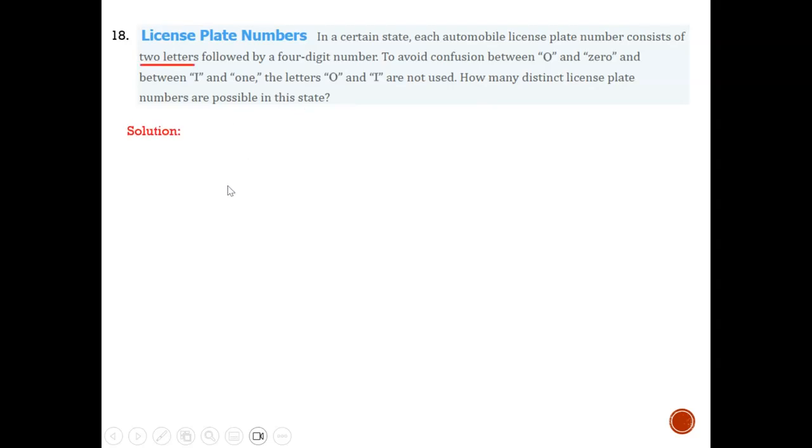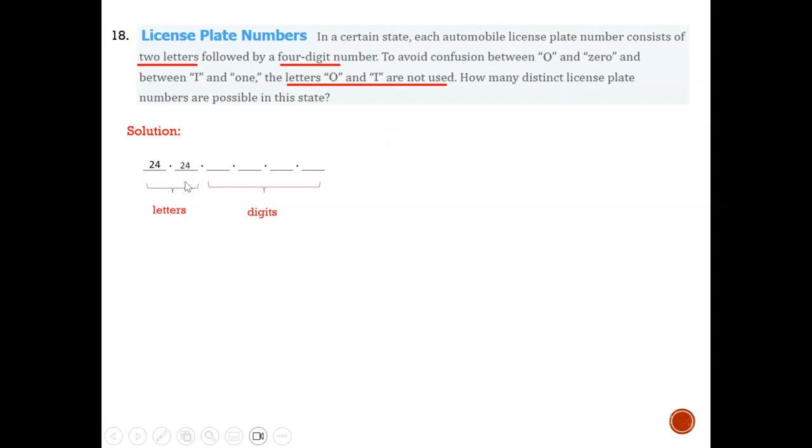Okay, so here's the solution. There's 2 letters and 4 digits. Because remember, guys, the O and the I are not used. Since there's 26 letters in the alphabet, and we exclude the O and the I, we're going to have 24.